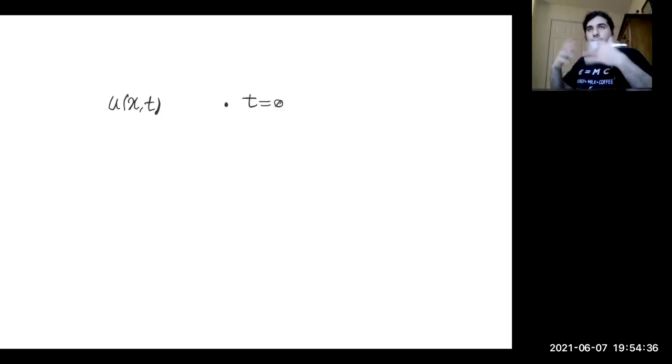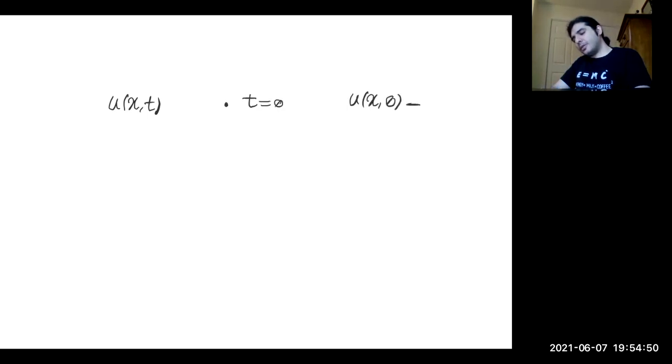So maybe this is a very appropriate condition: find all functions u of x and t such that at t equals 0, u of x and 0 is equal to a very specific function. I would show that with f, say f of x, that doesn't depend on the parameter t anymore.